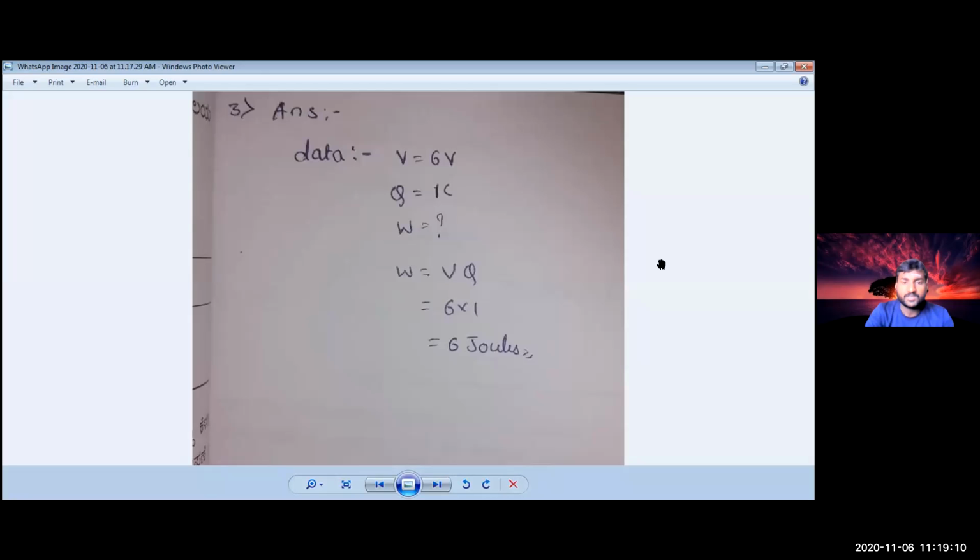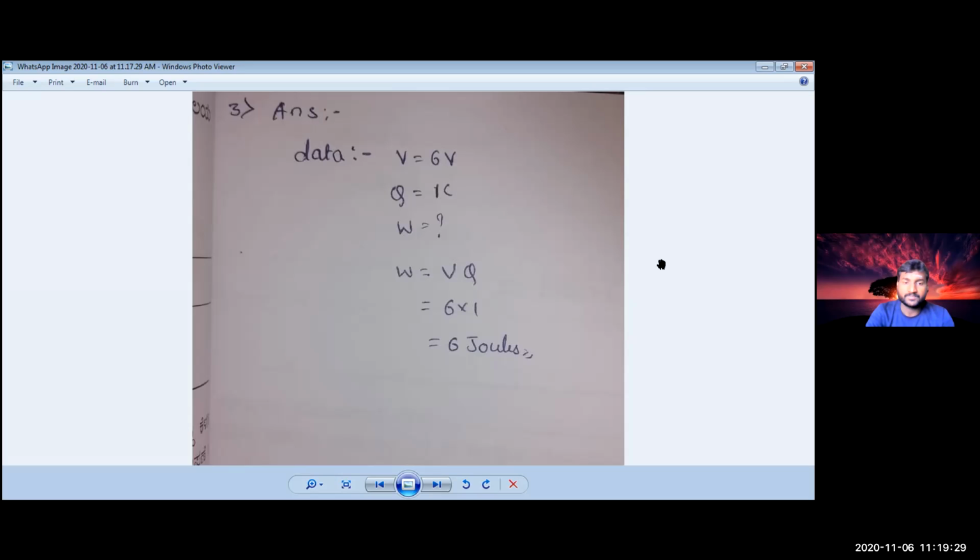Okay. So the potential difference is taken as 6 volt and the quantity of charge is given as each coulomb of charge. That means you have to take 1 coulomb, then find out the work.